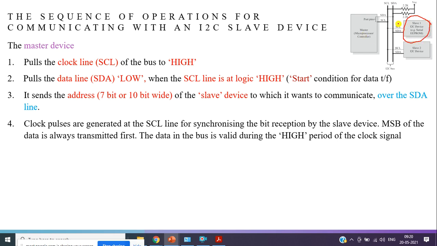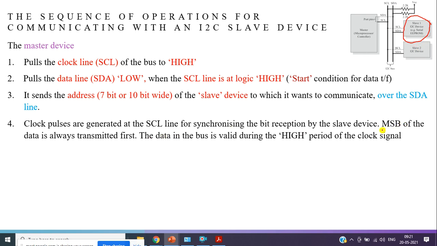Whenever I want to transfer the data, first I need to send the clock. The clock is just like a bell indication that after sending this clock pulse, make sure that you are ready, I will send the data now. That is what we call synchronization between the data and the clock cycle.